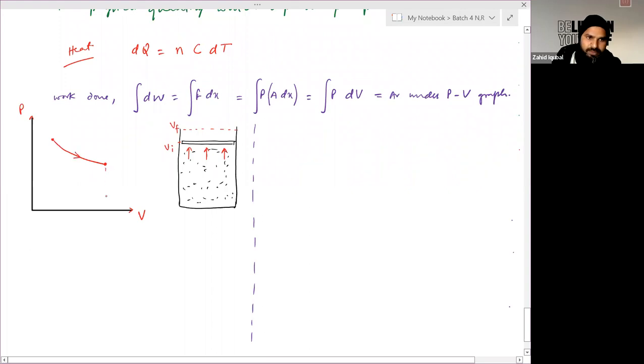If you draw a perpendicular to this point, it will define the initial volume and the final volume. If you further move in this direction of the curve, it will go along this way to form a complete cycle. So the graph will be in the clockwise direction. Is it clear?